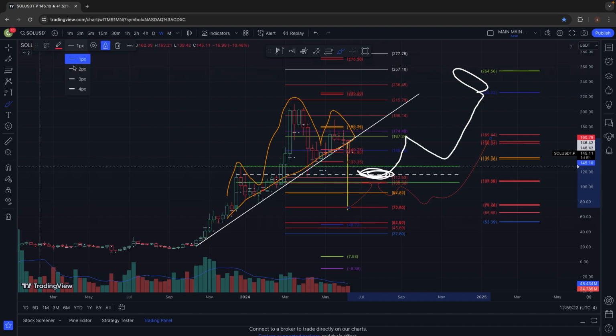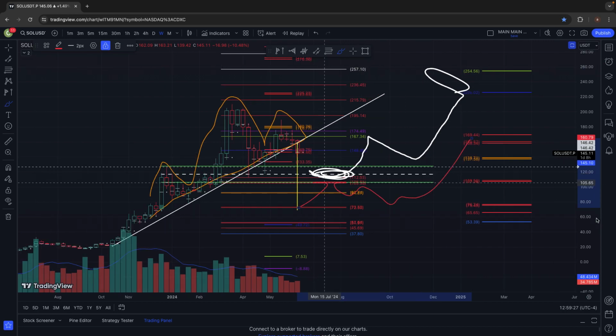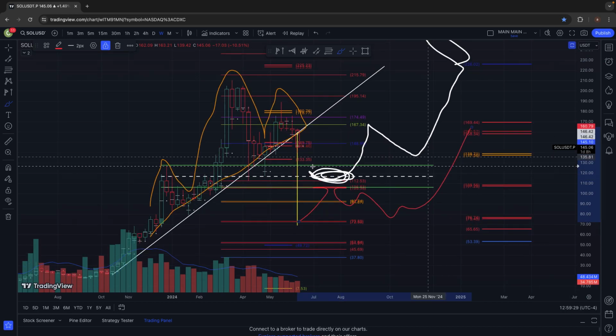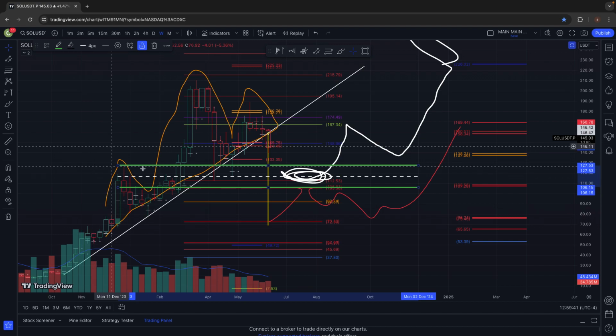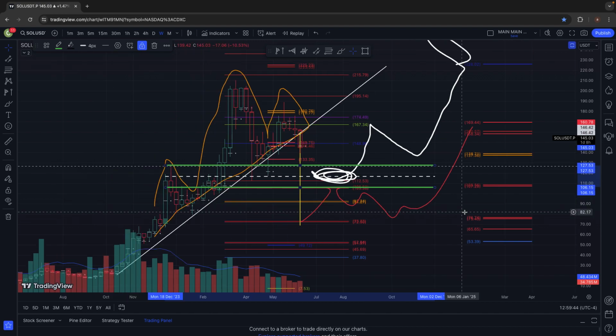And I'm going to thicken that up a little bit so we can see what's going on, because this green channel is going to be where we can look for the next long scalp buying opportunity on Solana, which will also test support looking left, okay? So does that make sense?